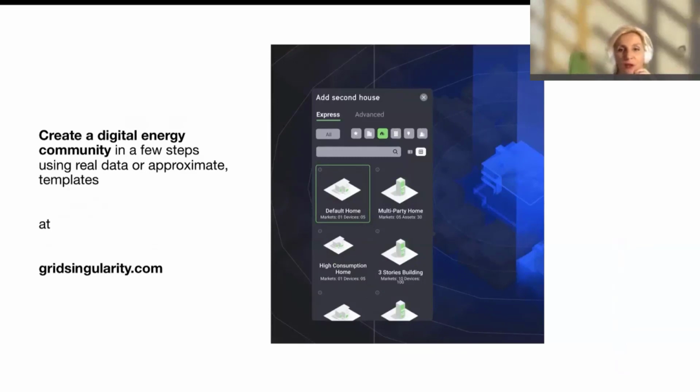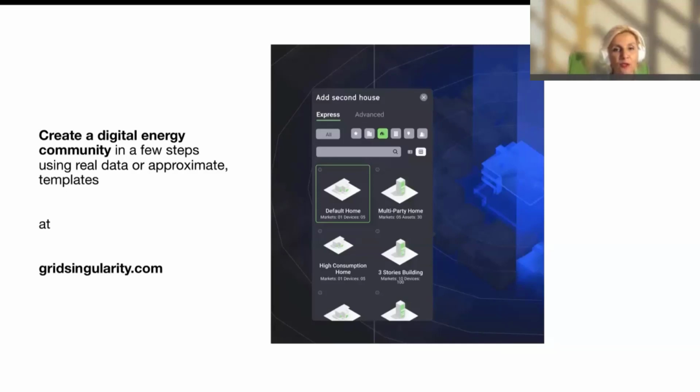You essentially go and you can create an express community using some choices that are already available, or you can try with the advanced option where you add very singular data for each home and asset to get a fully precise simulation.